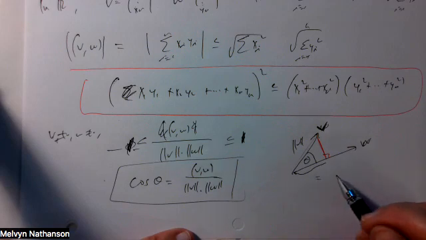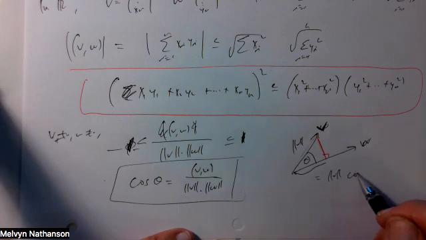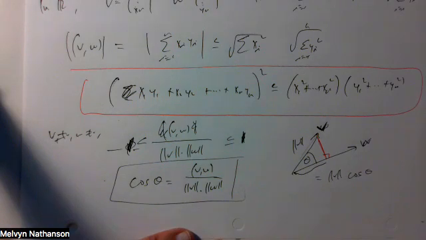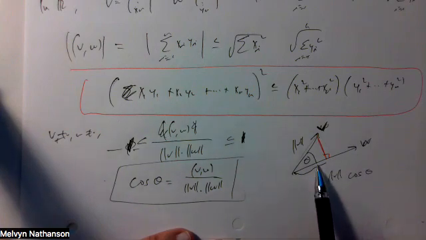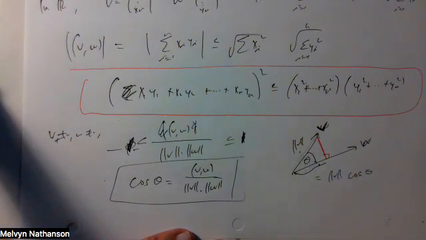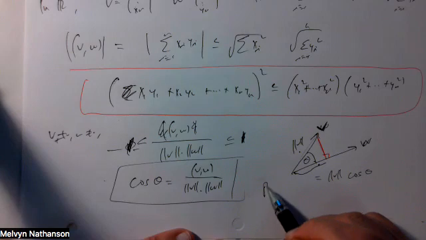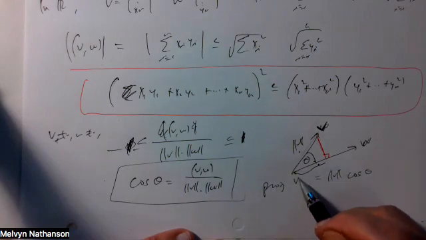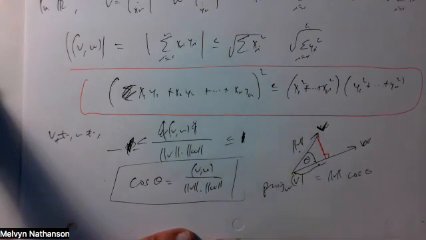So this is the length of V times the cosine of theta. This is the projection of V onto W. It's the length of V times the cosine of theta.